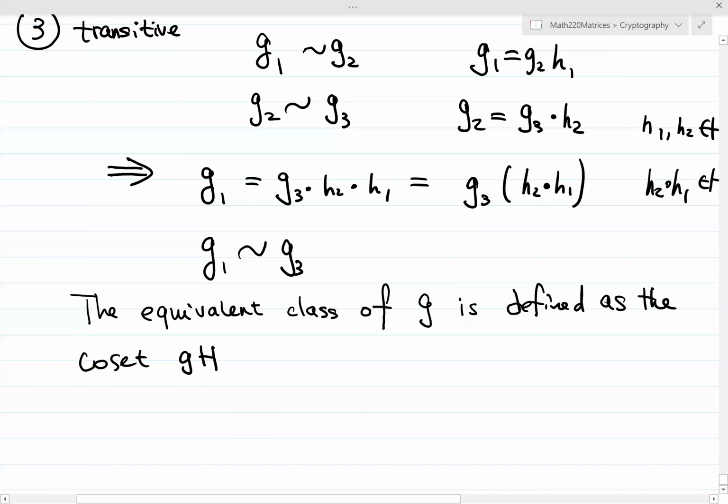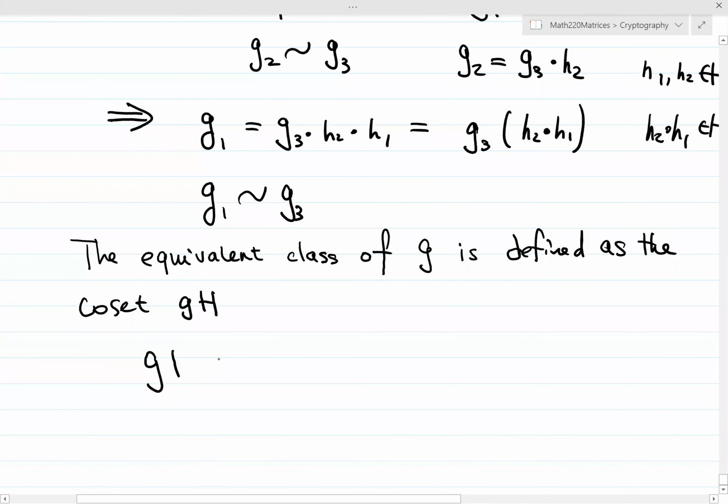Now explicitly, gH is this set: g times h, where h is in the capital H.